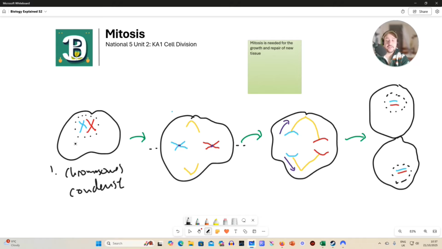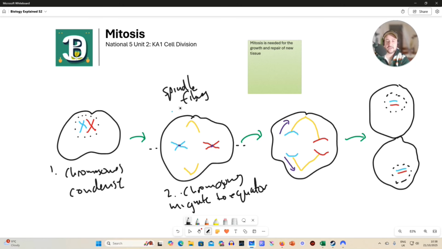Okay, and the nucleus disappears. The chromosomes in the second step are going to migrate to the equator. Okay, and we're also going to see the spindle fibers grow from the poles.